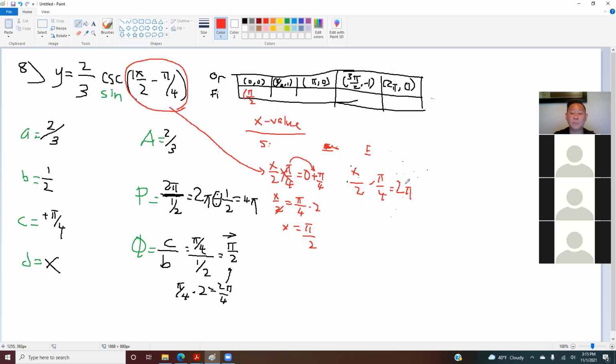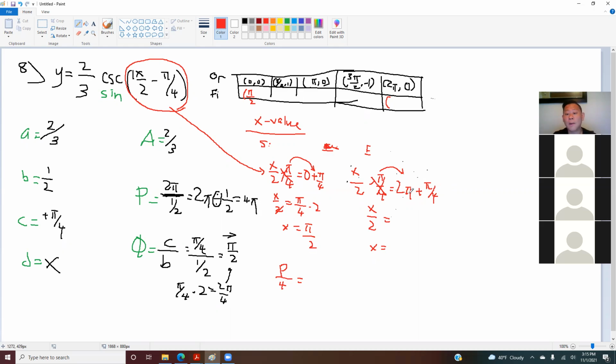Okay. Same thing, we move it over here, become plus pi over 4. Anyone know what is 2 pi plus pi over 4? Nine over 4 pi.